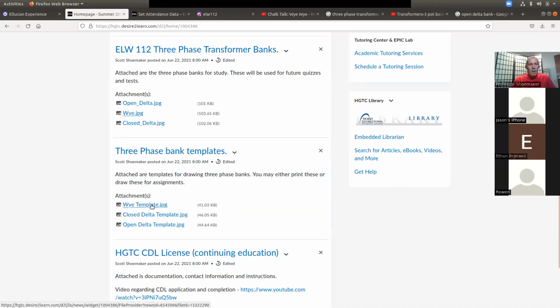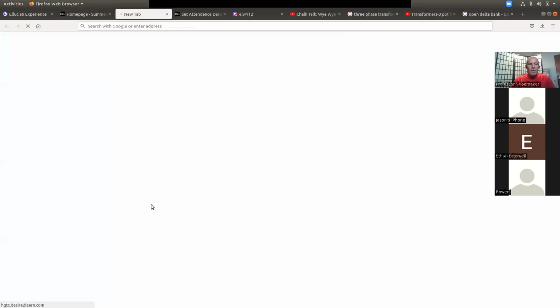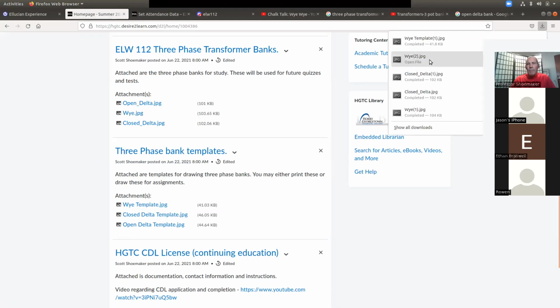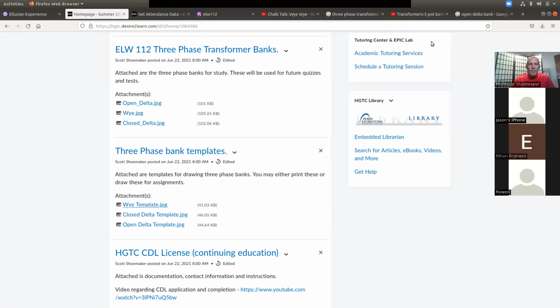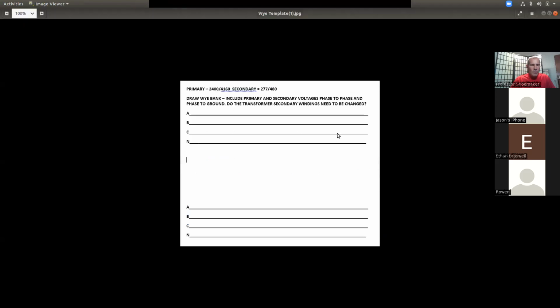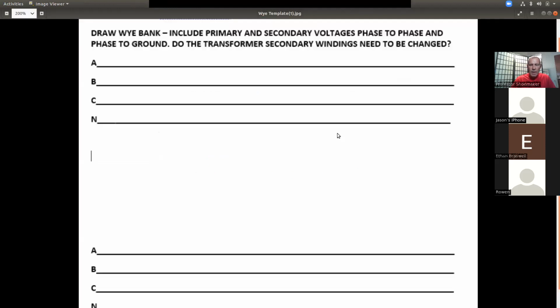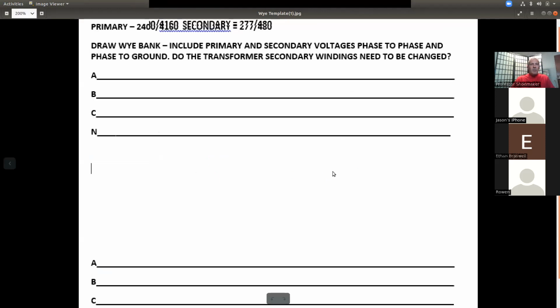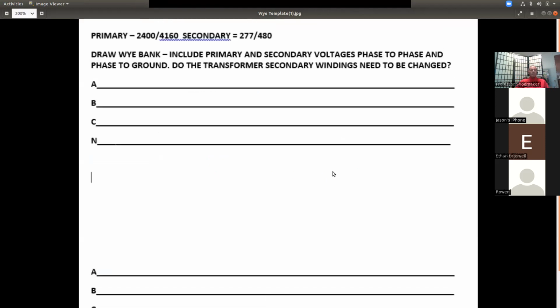So we're going to throw up one of these templates here real quick, and you're going to have to do a little work here. We're not going to make it all that simple. You'll notice in this one, and this is one that you'll actually be doing, I'm going to do this in class. Of course, I'm going to change the voltages around a little bit, right?